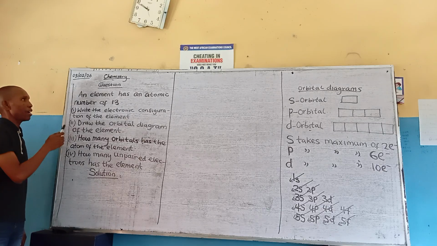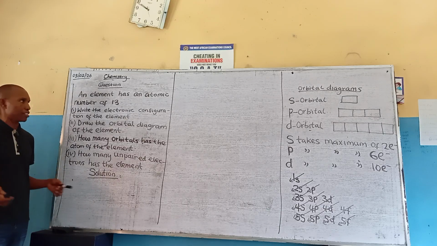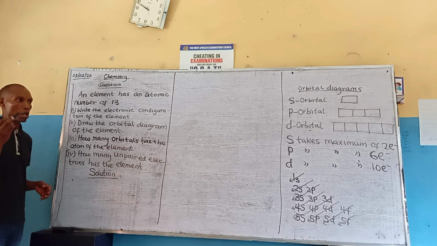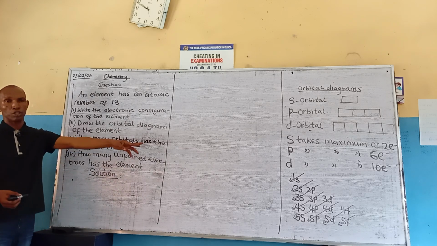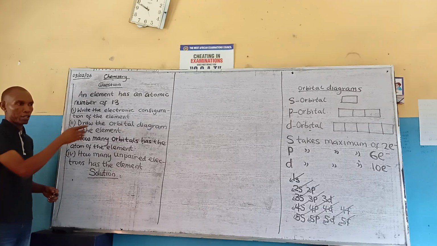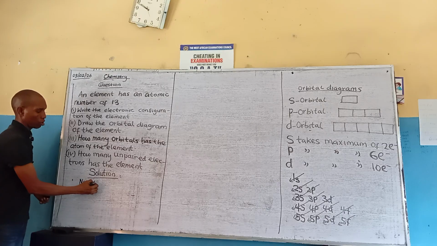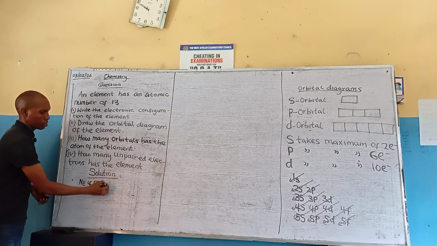We are told an element has an atomic number of 13. The first sub-question, we have to write the electronic configuration of the element. So we are starting with 1s according to what we have at the right hand of the board. So the number of electrons is 13.